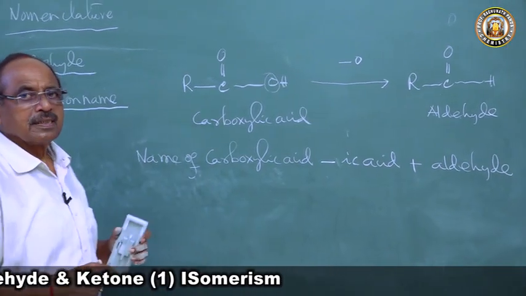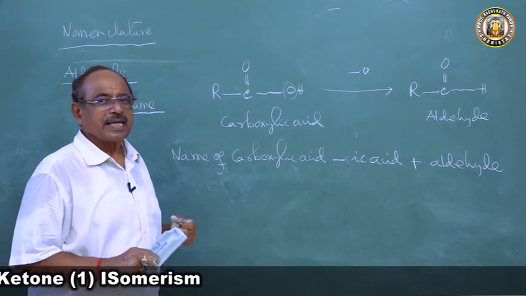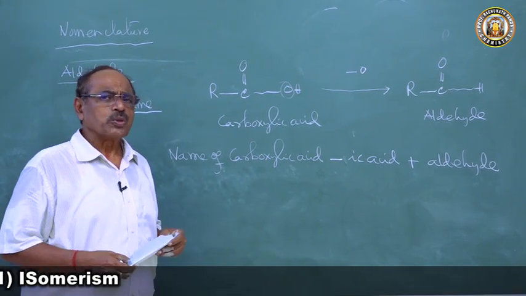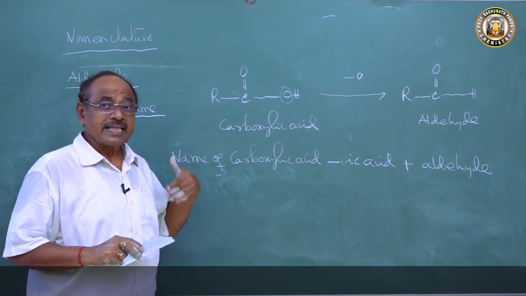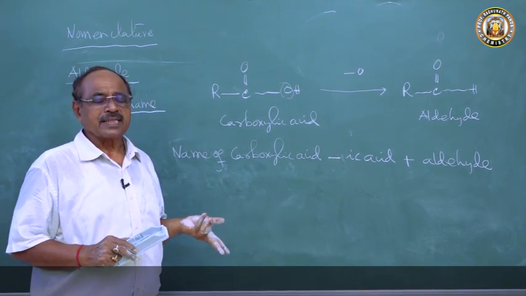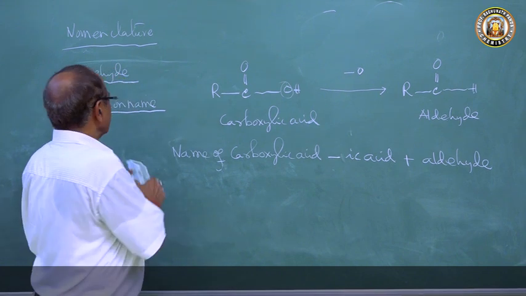Many often this doubt is there, children: is an aldehyde called aldehyde? No. An aldehyde is a reduced product of carboxylic acid, hence named after the carboxylic acid of which it is a reduced derivative.